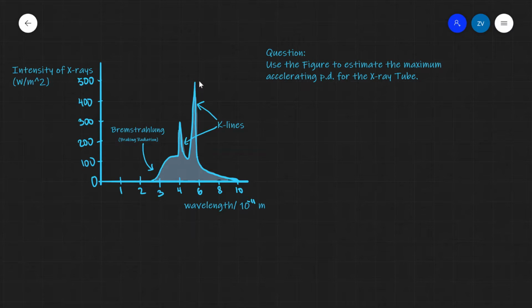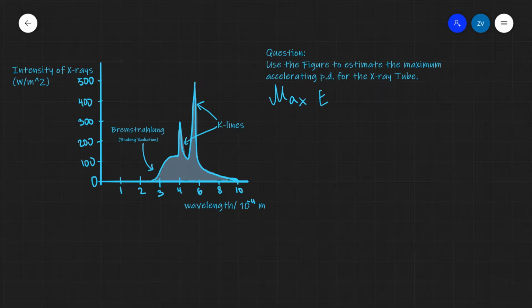Now let's try a question. This is quite a typical exam question. Let's see whether we can use the figure to estimate the maximum accelerating PD for this X-ray tube. Now, the maximum accelerating PD is going to correspond to, of course, the maximum energy. And remember, the maximum energy corresponds to the minimum wavelength. So let me just write this.